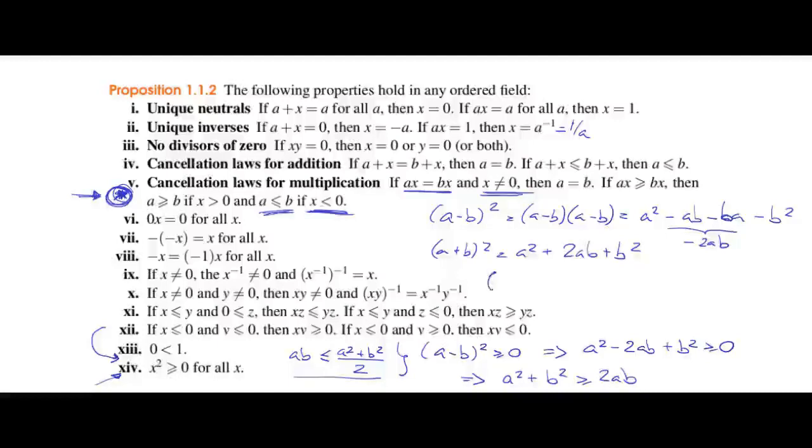And finally a plus b times a minus b, the multiplication of the conjugates, is just a squared minus ab plus ba minus b squared. So this is a squared minus b squared.